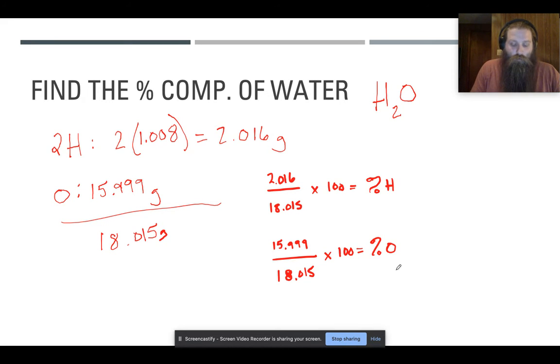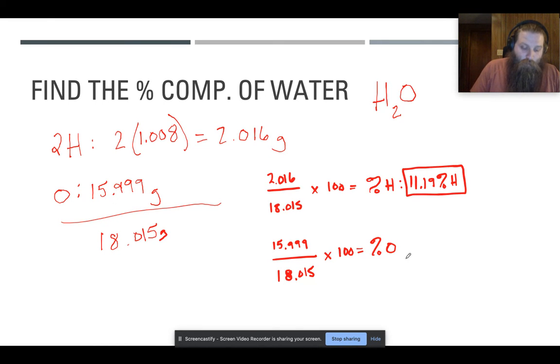So we'll run those numbers. So 2.016 divided by 18.015 times 100 is 11.19% hydrogen. That would be my answer for that.